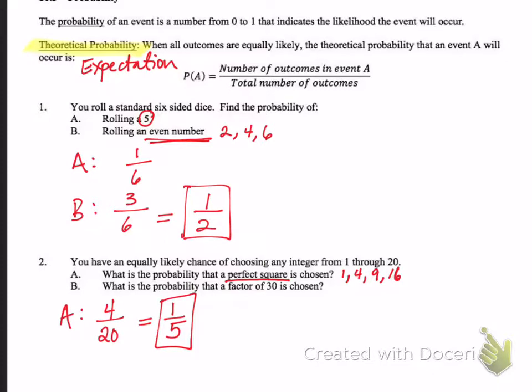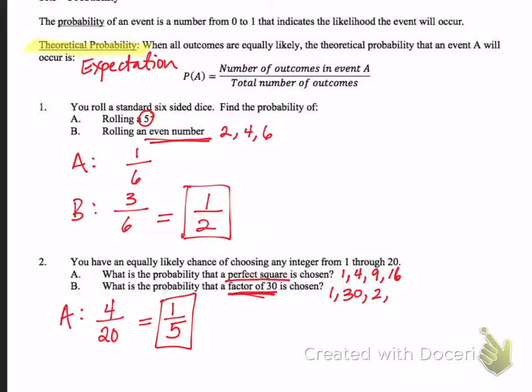Part B, what is the probability that a factor of 30 is chosen? So probably the hardest part of this unit is knowing what factors of 30 are and what perfect squares are. So let's name all of the factors of 30. We have 1 and 30.